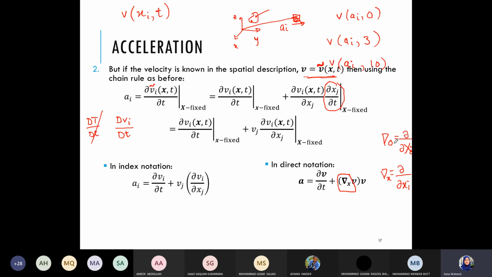Space में gradient, not with respect to original position, but space के अंदर जो gradient है.